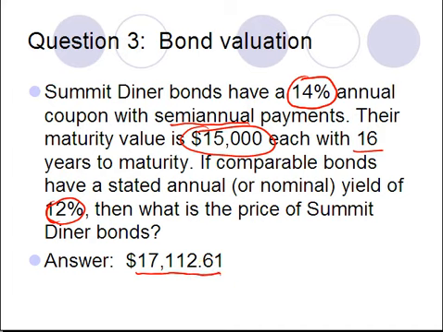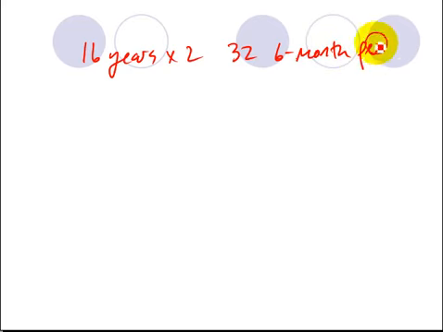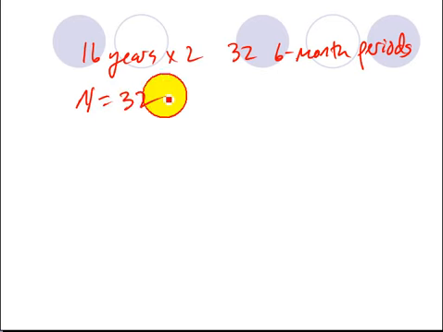We don't really need to do a timeline because this is so simple, but we'll at least write down the individual pieces to it. In this case, each bond has 16 years. Multiply that by 2, that gives us 32 6-month periods. So that means N is 32 when we plug it into the BA2+.